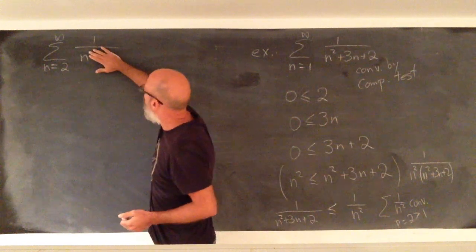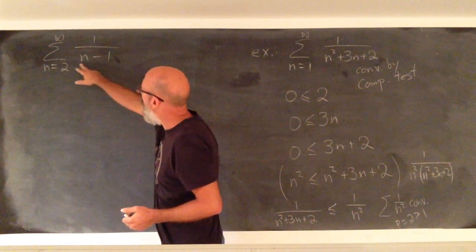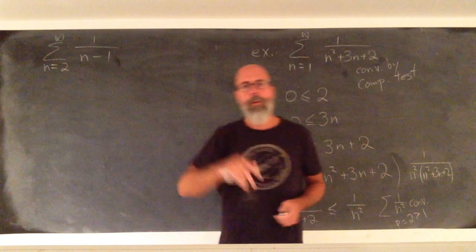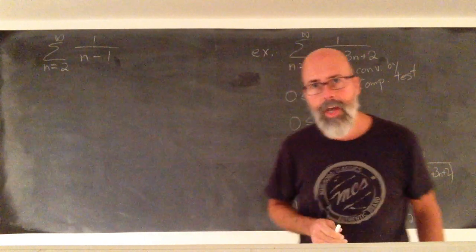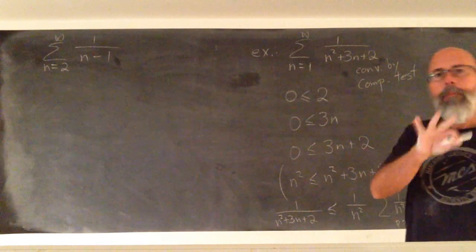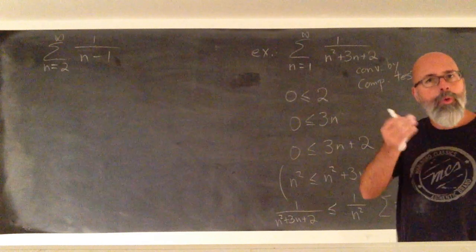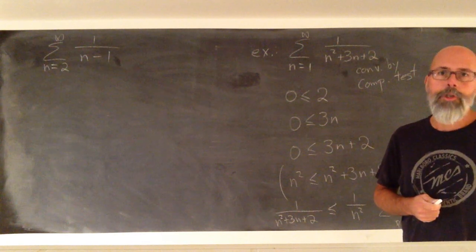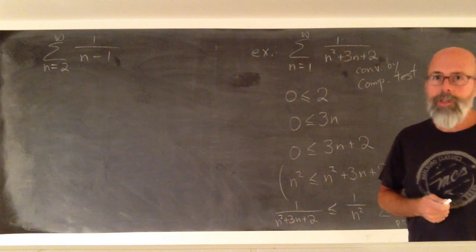If you remove the 1 here, the dominant term in the denominator is n, so the denominator behaves like n, so the whole fraction behaves like 1 over n. And what do we know about 1 over n? It diverges. It's a divergent p-series.